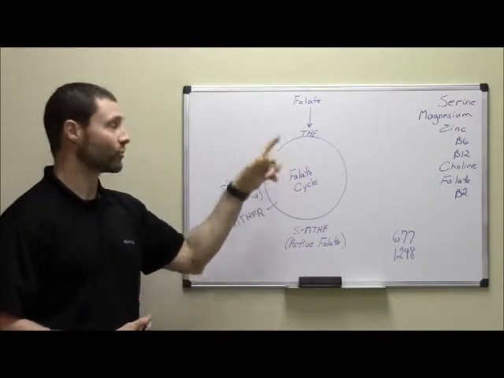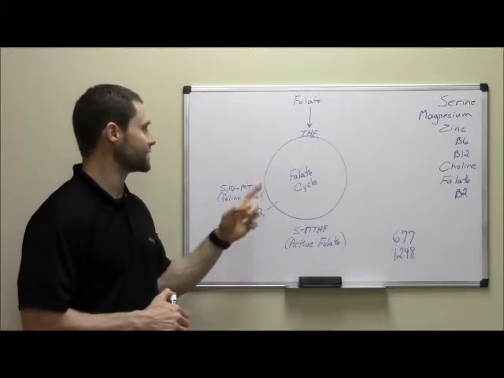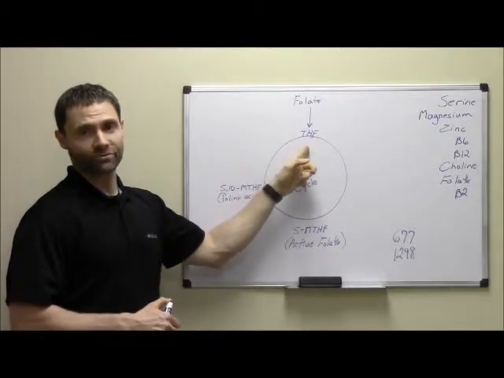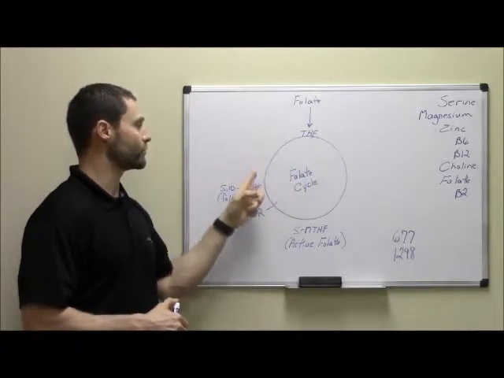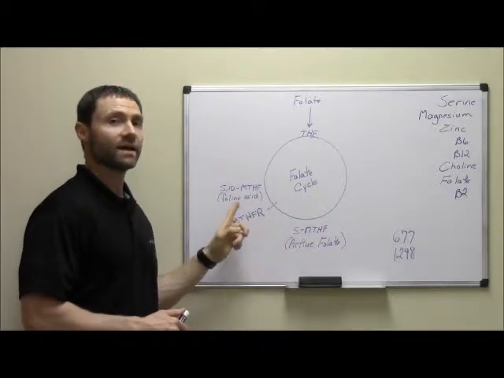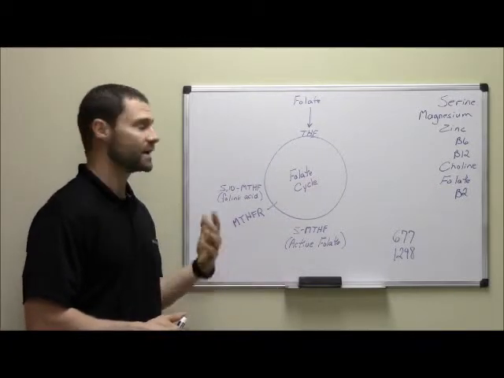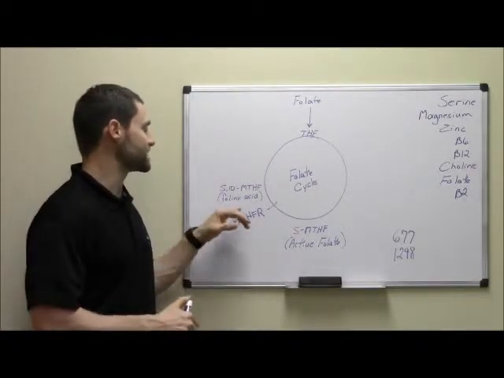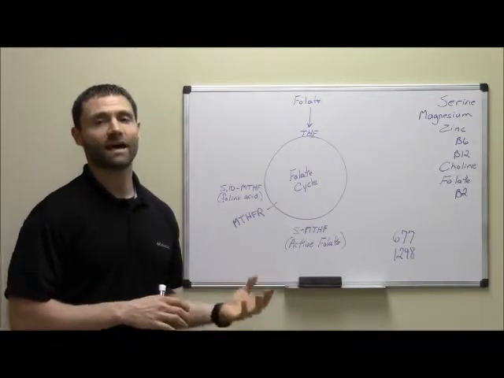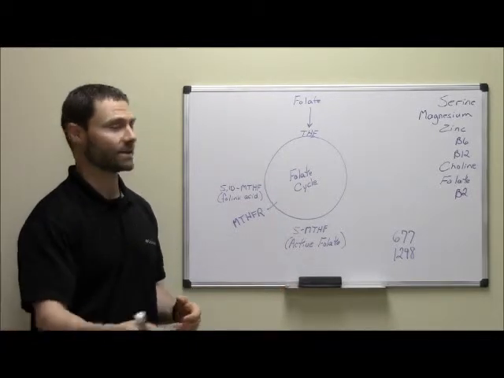Once you're at tetrahydrofolate, you're going to convert around through a few more steps until you ultimately get to something called 5,10-methylene tetrahydrofolate, or 5,10-MTHF. This is also what's known as folinic acid. This is the last step of the inactive folates before they become active.